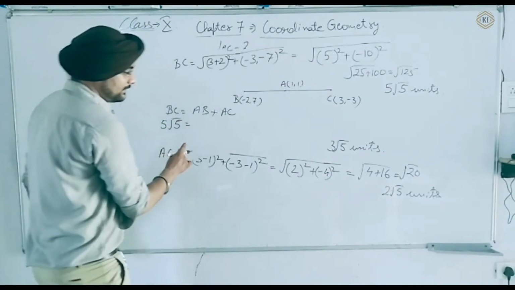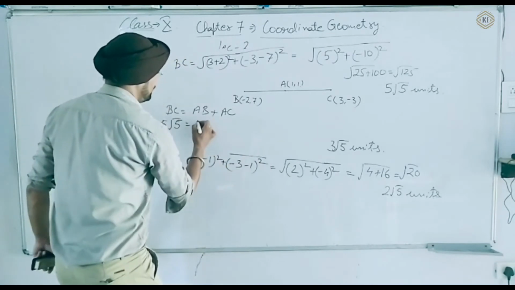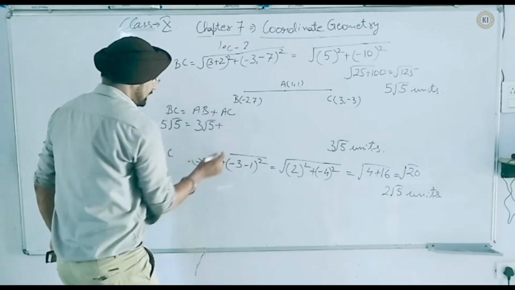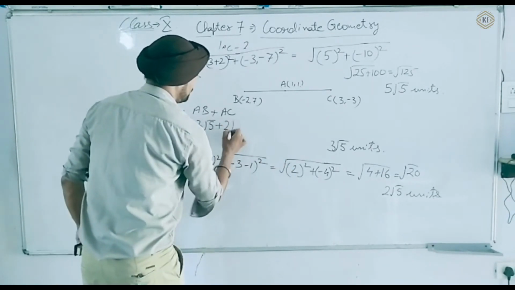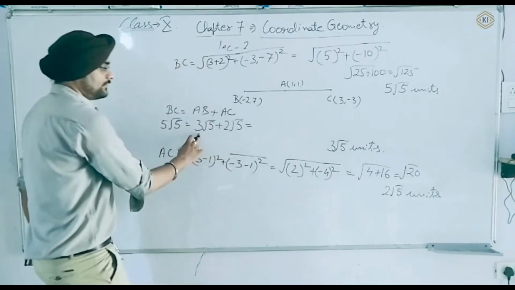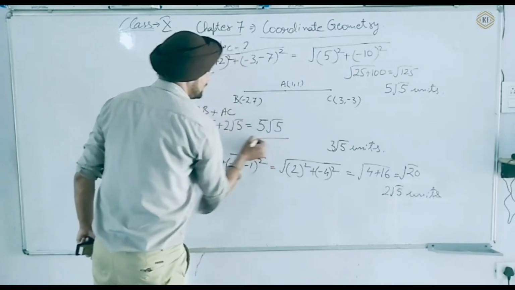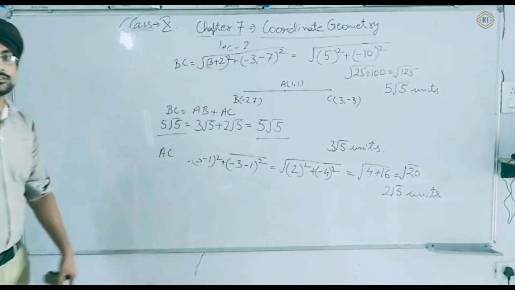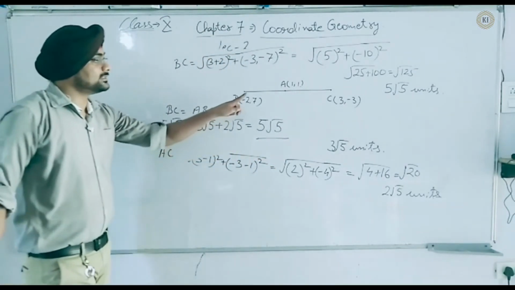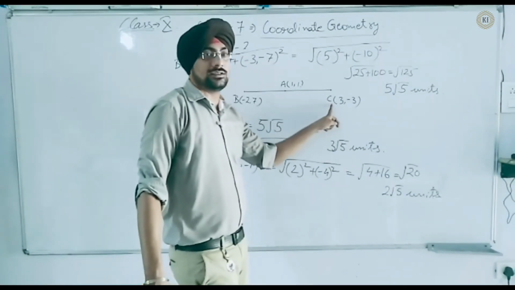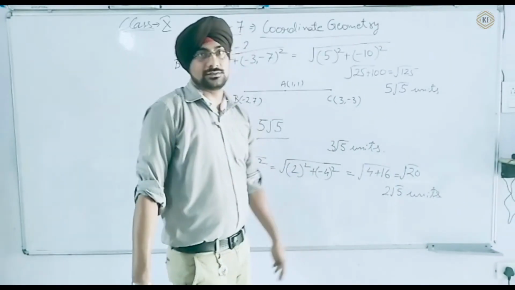Value of AB we have taken out, 3 root 5, plus value of AC, 2 root 5. So 3 root 5 plus 2 root 5 will be 5 root 5 units. LHS is equal to RHS. So we can say that the points A, B and C are collinear points.